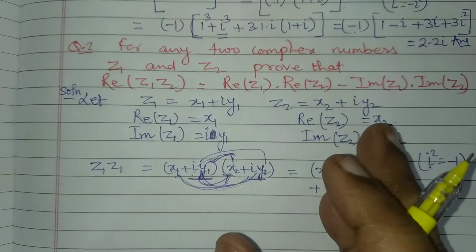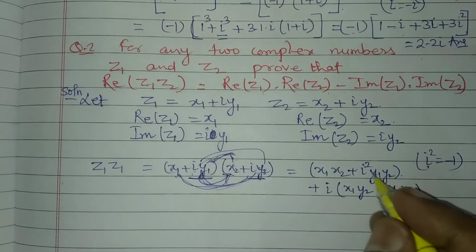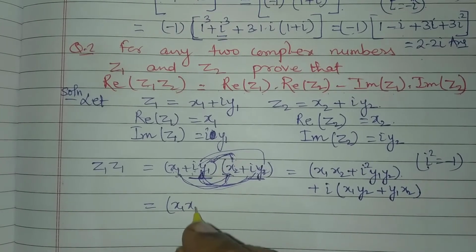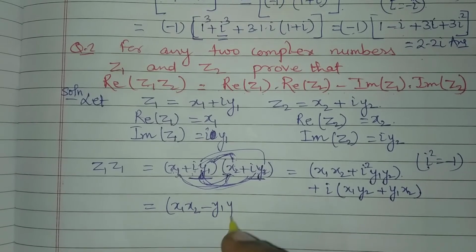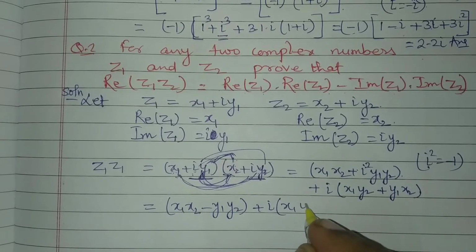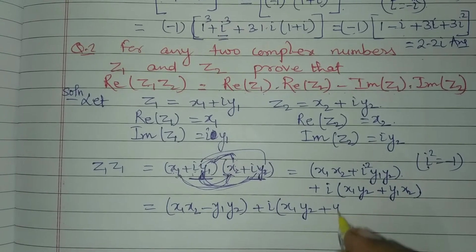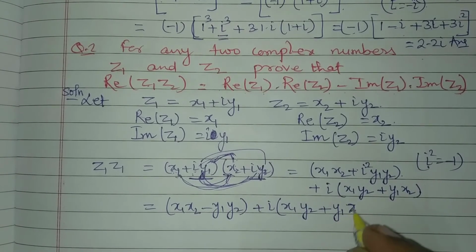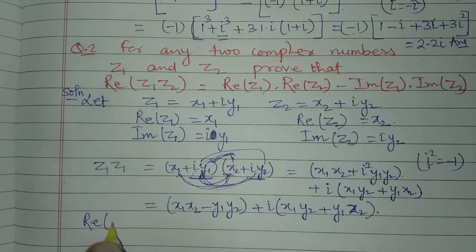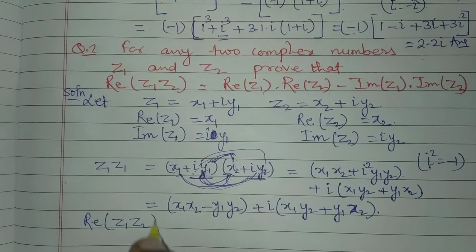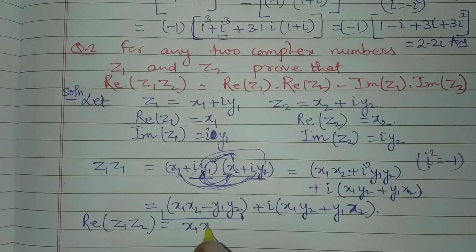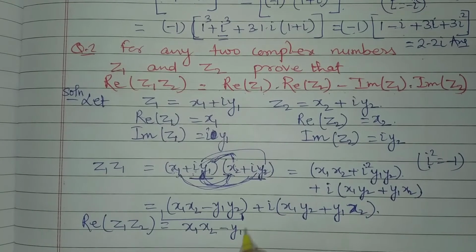Anyway, if you will multiply, you will get the same one. So i square is equal to minus 1. So it is x1 x2 minus y1 y2 plus i times x1 y2 plus y1 x2. So now see what is the real part of z1 z2. The real part of z1 z2 is this: x1 x2 minus y1 y2.